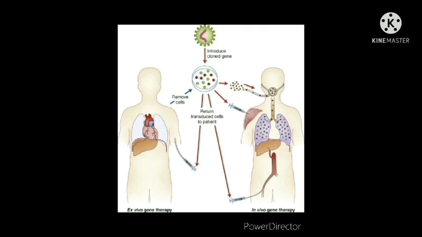Then the treated cells are returned to the patient via the circulation. In vivo therapy differs in that the normal gene is introduced directly into the patient, generally into the tissue requiring the treatment, such as muscles, liver, or brain.